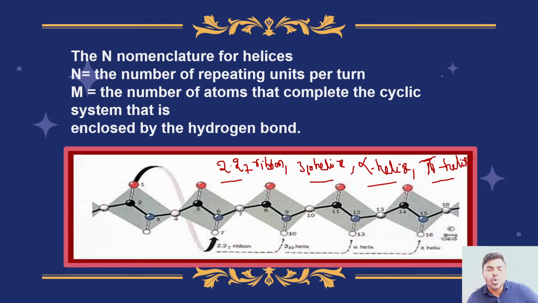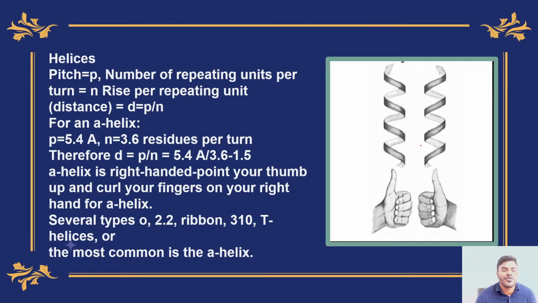There is no rule that every secondary structure of a protein should contain only alpha helix. That is an absolutely wrong statement. The secondary structure of different types of proteins can contain different types of helix. Some contain 2.7 ribbons specifically, and some proteins contain only the pi helix specifically.